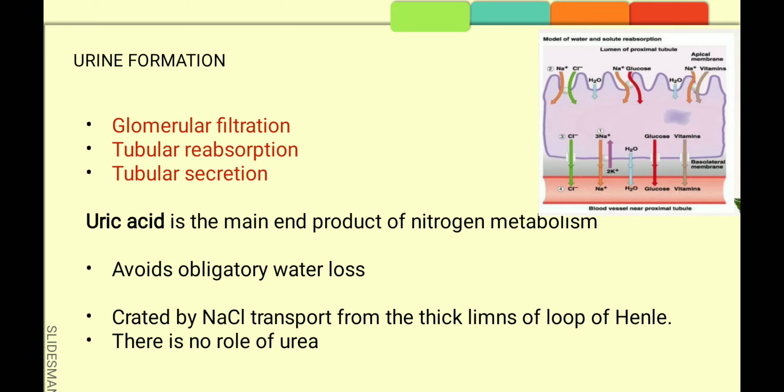Next is the tubular reabsorption. This is the return of the useful substances from the filtrate to the blood capillaries or interstitial fluid. NaCl involves active transport, and water is reabsorbed by osmosis. So dito nangyayari yung reabsorption.